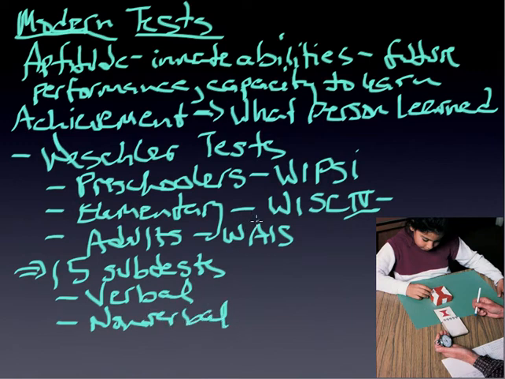For the verbal, for example, it looks at verbal comprehension. So we describe a situation and see how well the person can actually comprehend what exactly needs to be done. We would look at general knowledge. We might look at a variety of other areas where they would use their verbal skills.